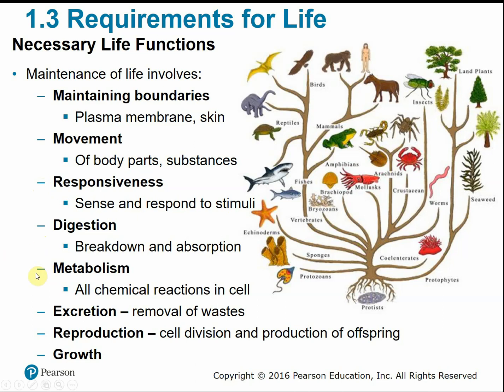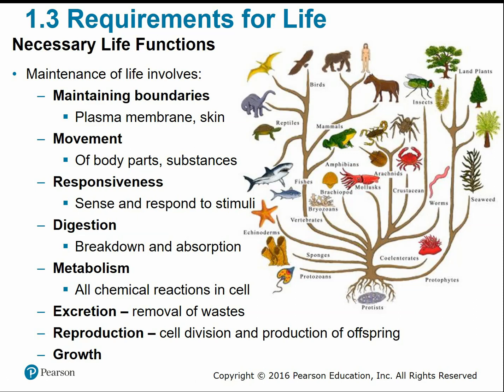Metabolism is the sum of all of the chemical reactions that happen in a cell. We'll talk more about this later, but you have some type of metabolism that works to break down molecules, like digestion activities, and then you have some metabolism for building up new molecules.